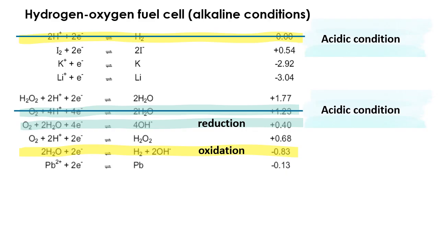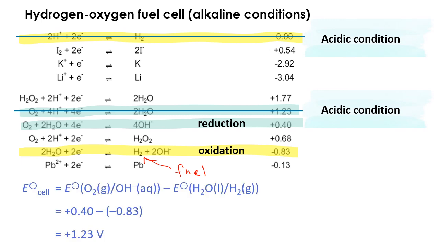Always remember, the fuel is your hydrogen gas. So the fuel, you will need to find on the right hand side, because during a combustion reaction, the fuel is being oxidized.